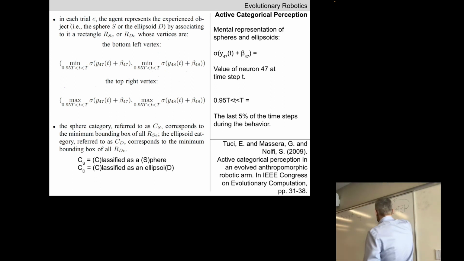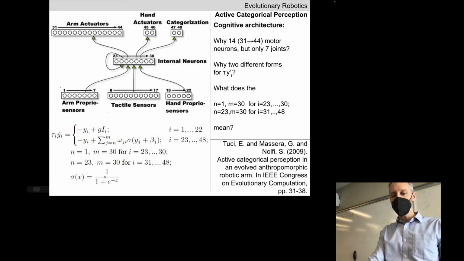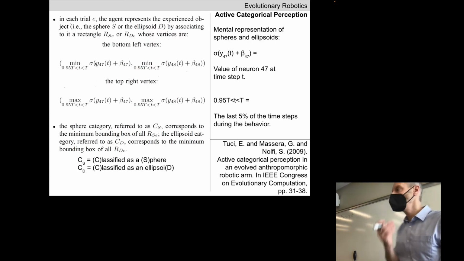They are going to observe not the final value of neuron 47 and 48. They are instead going to watch how these two neurons change over time. Remember that we're not looking at the raw value of the 47th or the 48th neuron. We're going to look at the value that pops out the far end of the activation function. And this activation function always ranges between 0 and 1.